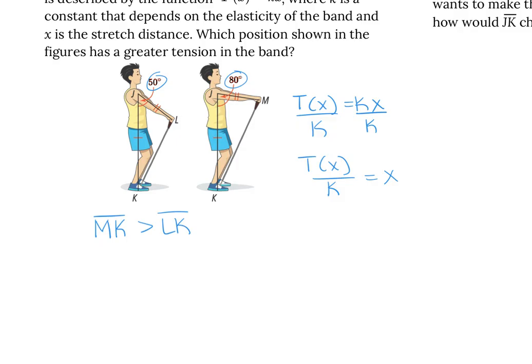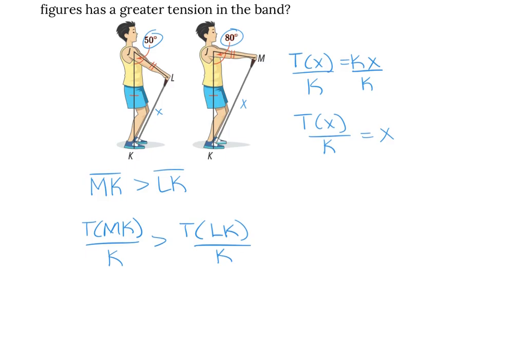Okay, I know that MK, this is X and this is X. So my MK is X, so I'm going to plug in MK for X, so I would have T times MK divided by K is greater than my LK, which is X, so T times LK divided by K. Okay, well my K's cancel each other out, so I'm left with T times MK is greater than T times LK.